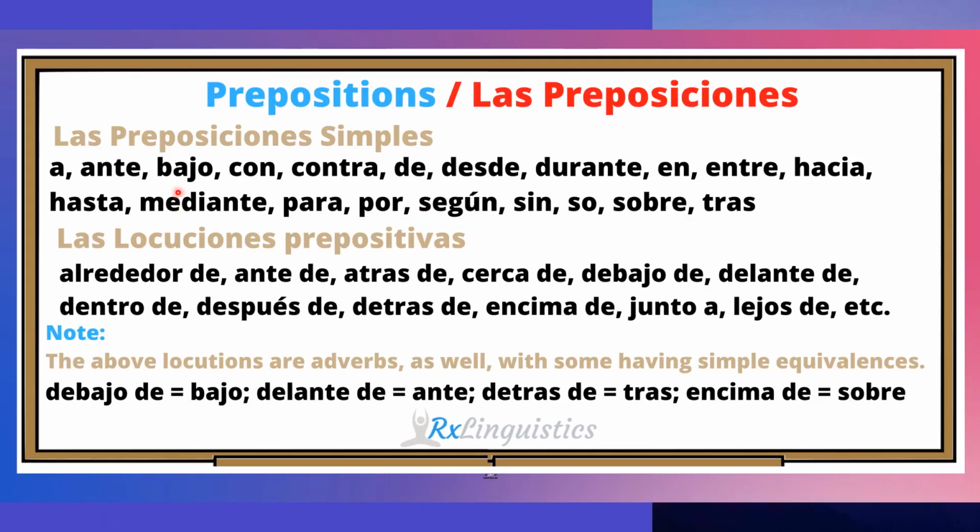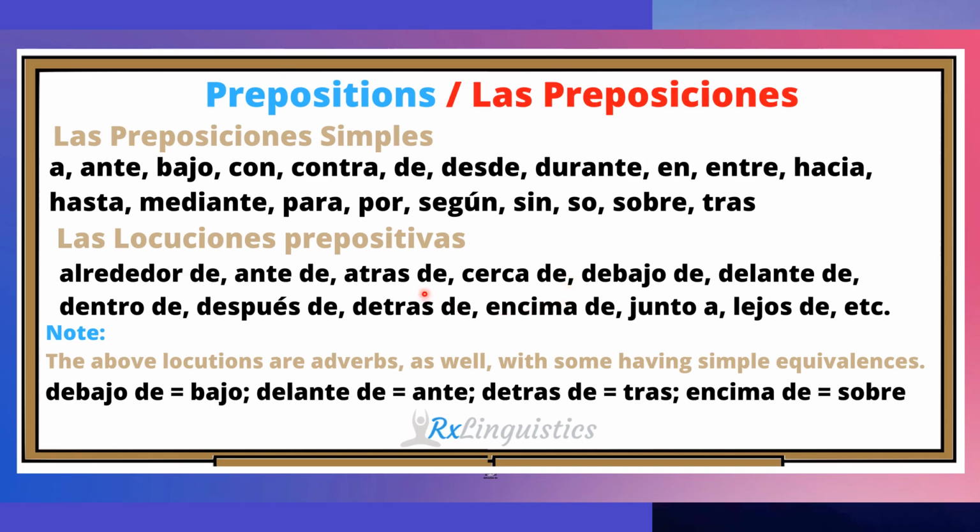So here is the list of prepositions. All prepositions are here. You can count them. They are not that many. Now, besides the prepositions, there are some locutions, prepositional locutions, that play the same role.